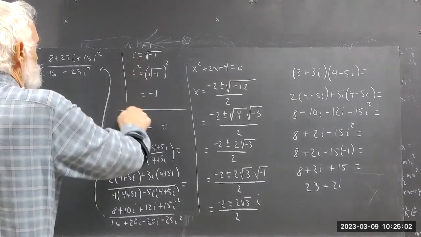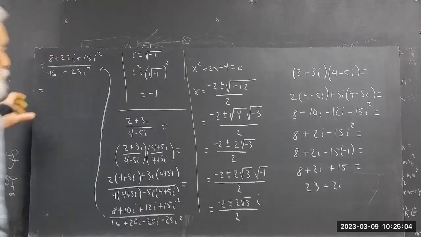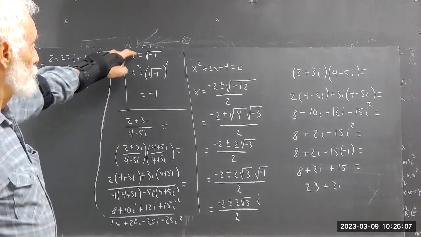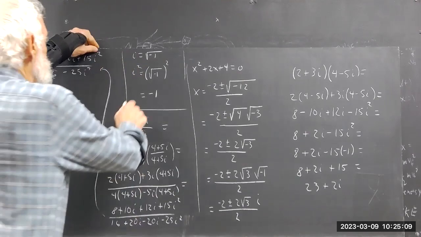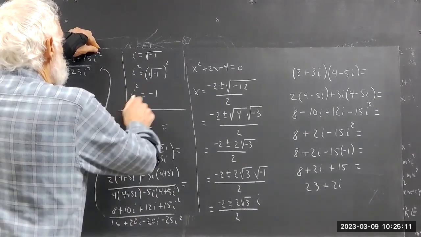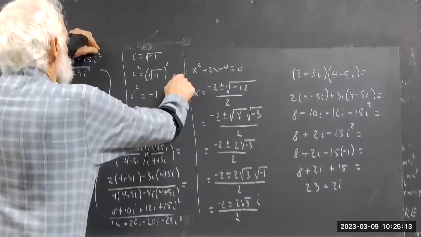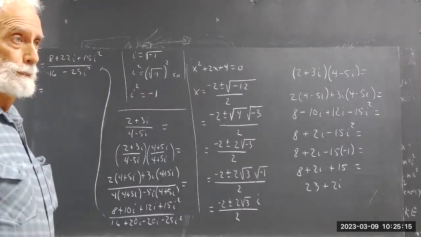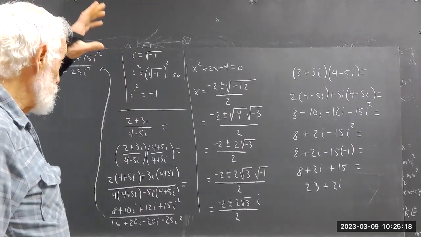Now here's really all we have to know about i. i is the square root of -1, and i squared is -1. Make sure we understand the logic of this.